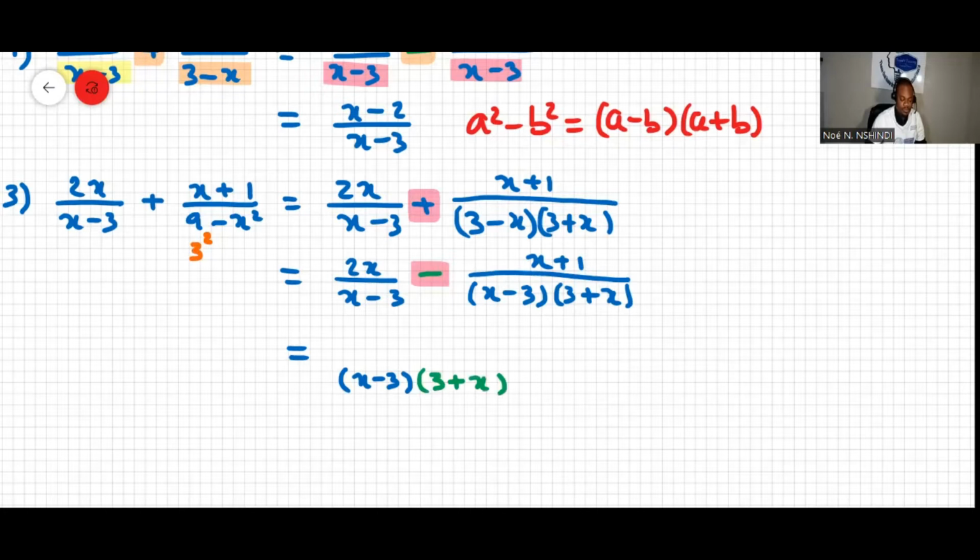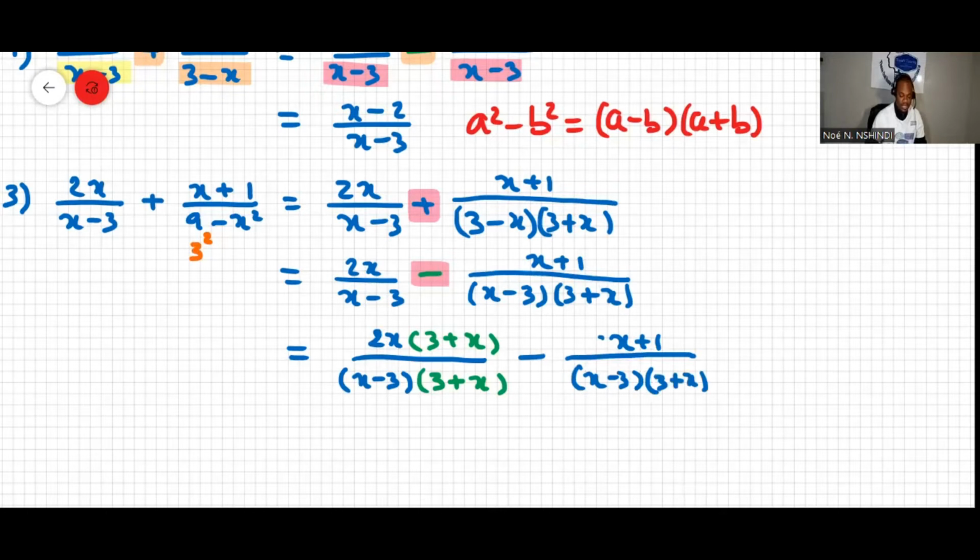So it must also be there, 3 plus x. In the numerator, it was 2x here, minus x plus 1 over x minus 3 and 3 plus x.